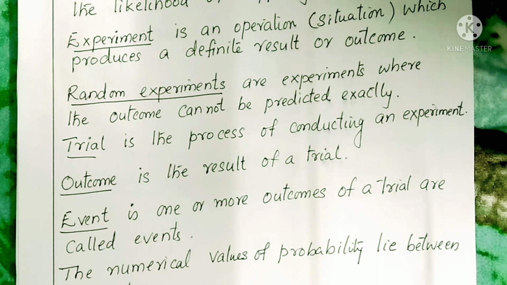Which are the two outcomes? It can be a tail or it can be a head. So, what is the chance that you may get a head? Okay, out of 2, 1 can be head. Out of 2, 1 can be tail. So, 1 out of 2 is the probability of getting a tail or head.